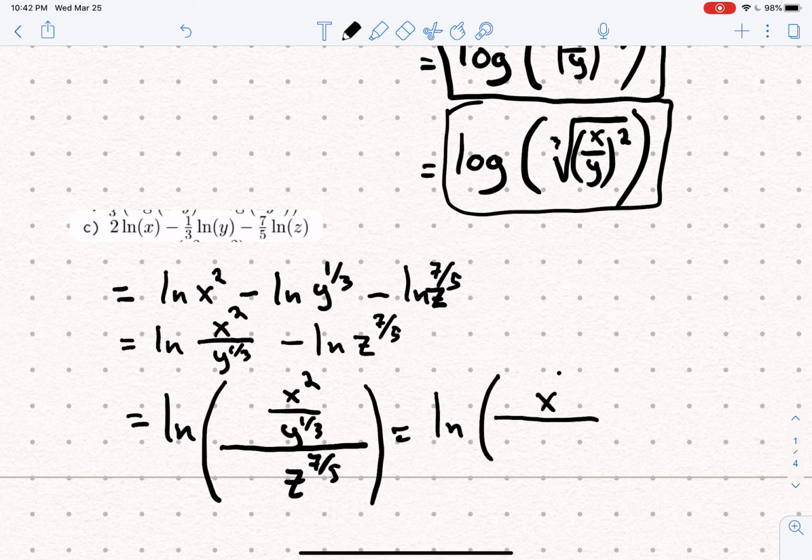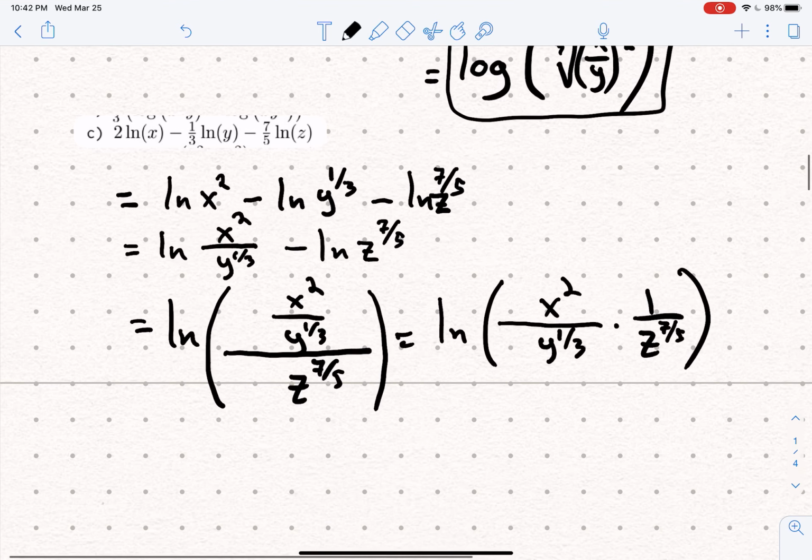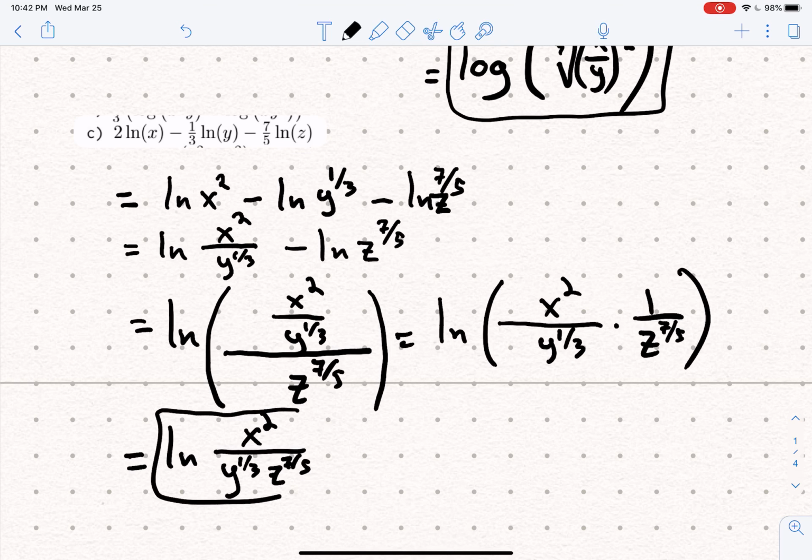We're going to have x squared over y to the 1/3, and then times 1 over z to the 7/5. And then we can just combine by multiplying those, and we're going to get natural log of x squared on top, y to the 1/3, z to the 7/5 on the bottom, and that's our final answer for this one.